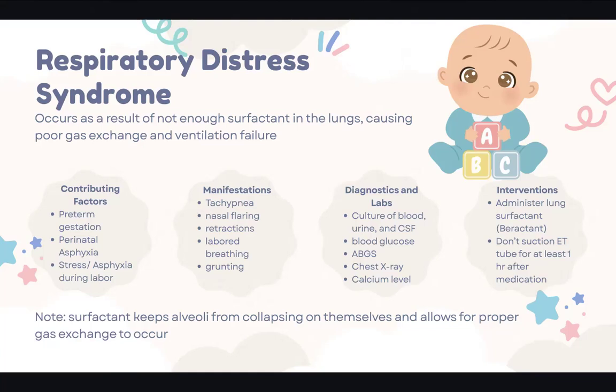We're going to give them a lung surfactant called beractant. I can never say beractant. And that is for them to actually start creating their own surfactant. If they do have an ET tube, remember we can't suction anything out of it for at least 1 hour if they were administered that surfactant.